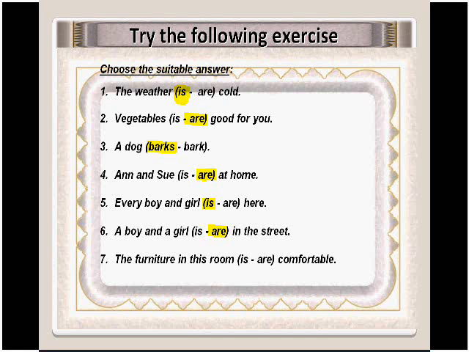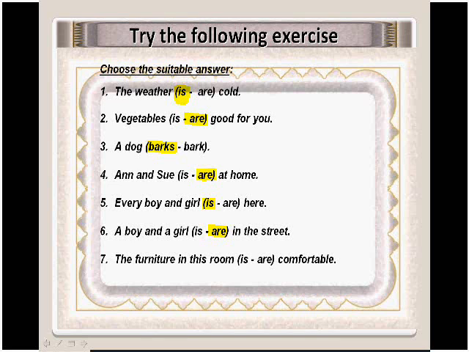Number 7. The furniture in this room is or are comfortable. And I think you know the meaning of the word furniture. The word furniture is, of course, whatever you have in your house. It's something you sit on or sleep on, like sofa, chair, bed, cupboard, and so on.